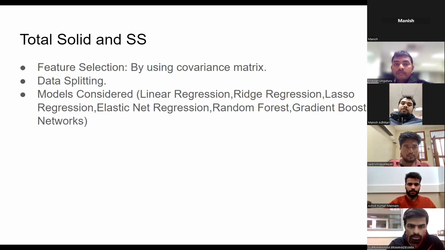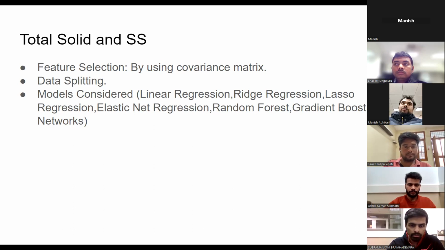Yeah, I also ran different models on the total solids features and SS. So first, after scaling is done for the data, by using the covariance matrix with the minimum threshold covariance of 25%, we are going to select the best set of features for each feature.